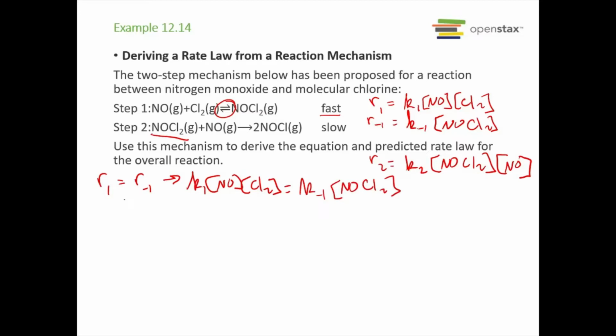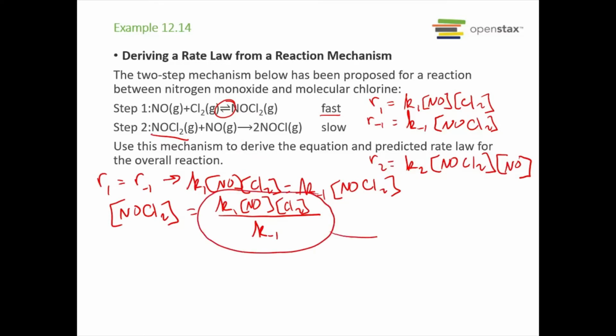So now we can rewrite the concentration of NOCl2 as k1 times NO times Cl2 over k reverse. So now we have an expression that we can put in for NOCl2 in reaction 2, so that we don't have an intermediate in our overall rate law, because remember, the slow step is what really determines our reaction.